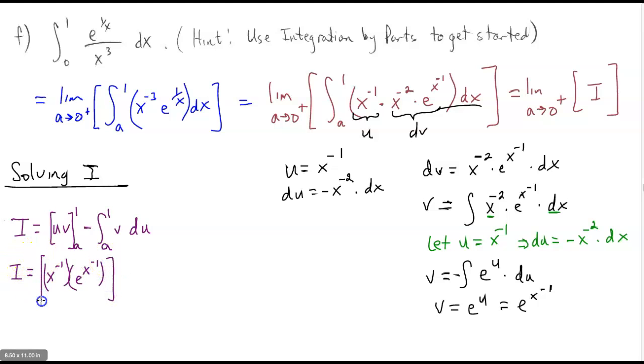And all that's going to be evaluated from a to 1, minus the integral from a to 1 of our v, which is e raised to the x raised to the negative 1, and our du is just going to be times negative x raised to the negative 2 dx.